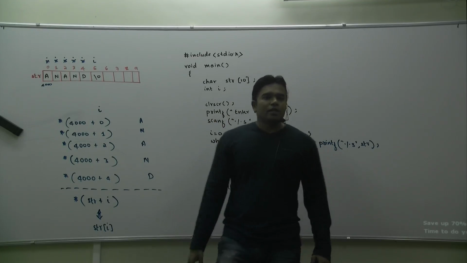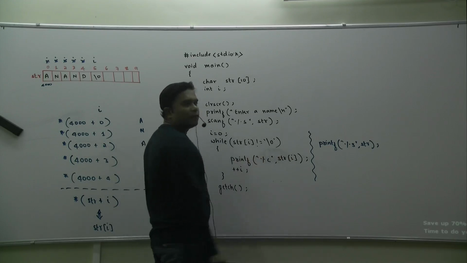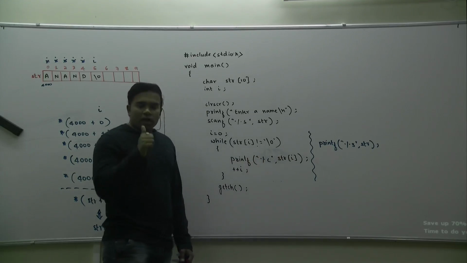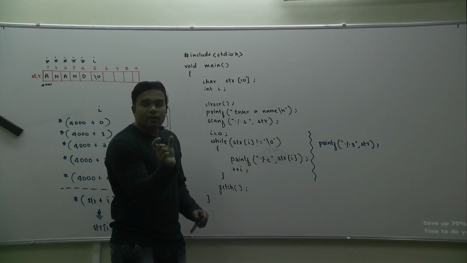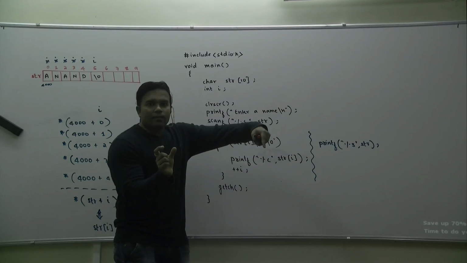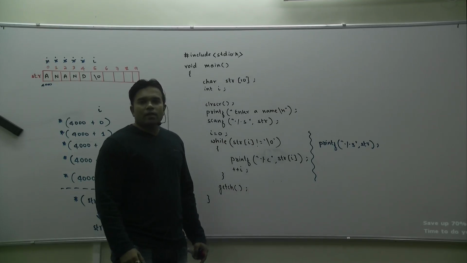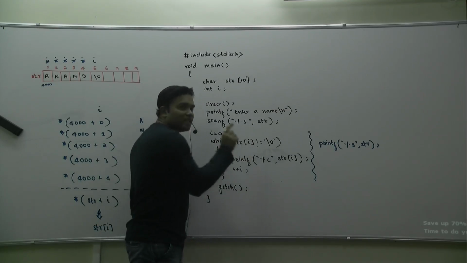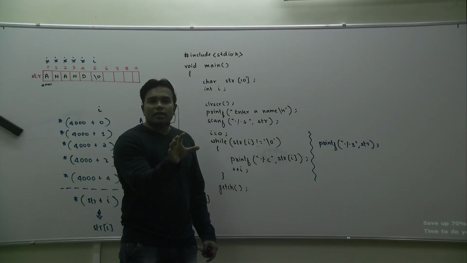Till date, we have been using str of I. What is it really? Str is the base address, meaning 4000. I is the index value. So to the base address, add the index value. For example, str of 3 means 4000 plus 3 becomes 4003.